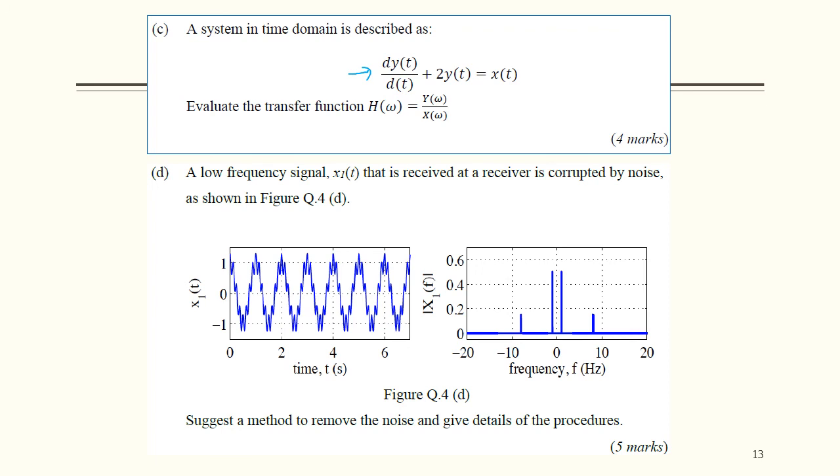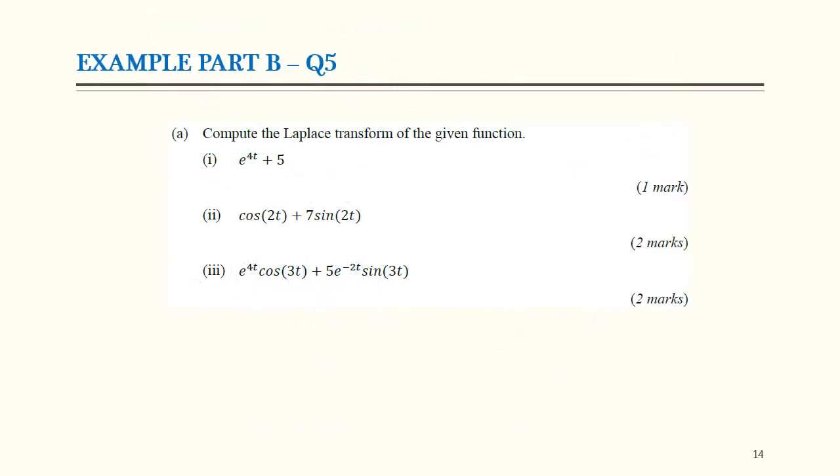Part D is the application of Fourier transform, again a filter, so you can revise back the modulation, demodulation, the filter part, so you should be able to answer the application question. This is question 5 from chapter 4, the Laplace transform.